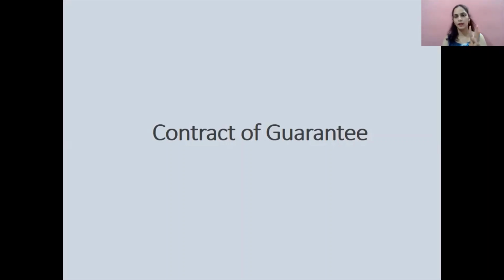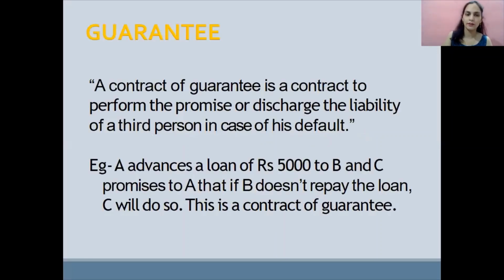Again, here are three parties. One party who is lending the money is termed as creditor. The other party to whom such debt has been given is termed as debtor. And the third party who is assuring the creditor about the repayment is termed as surety or guarantor. So let's have a look at the definition of guarantee.